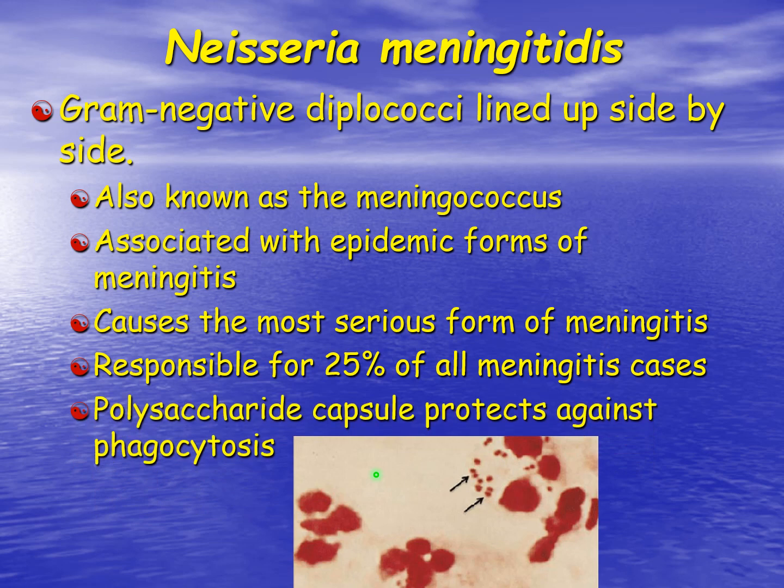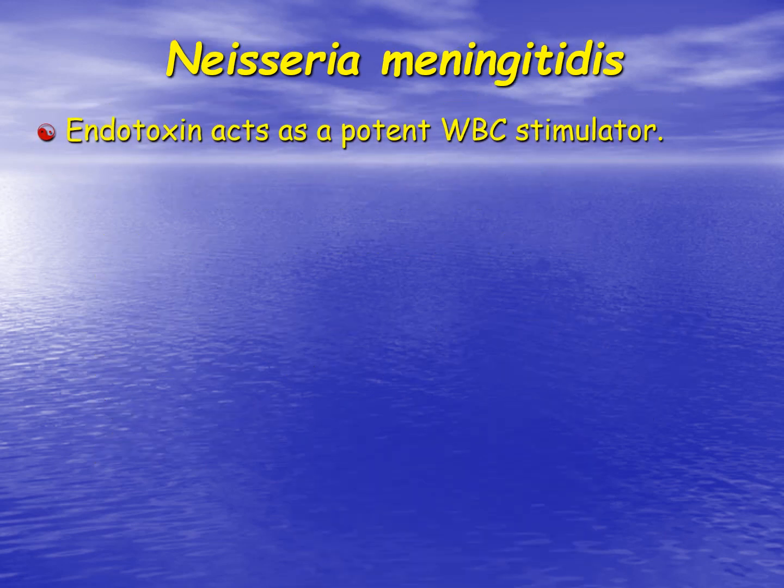The polysaccharide capsule of Neisseria actually protects it against phagocytosis. So it's somewhat unique that we see them here in the neutrophil because they have been phagocytized. But also their capsule may prevent them from actually being digested once they are in the neutrophil or macrophage.